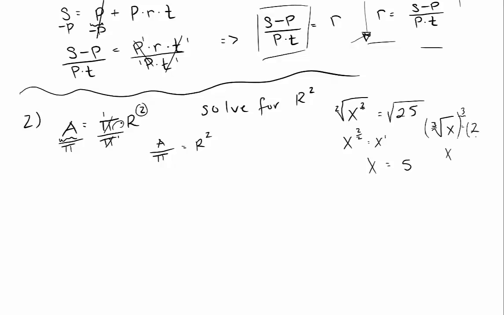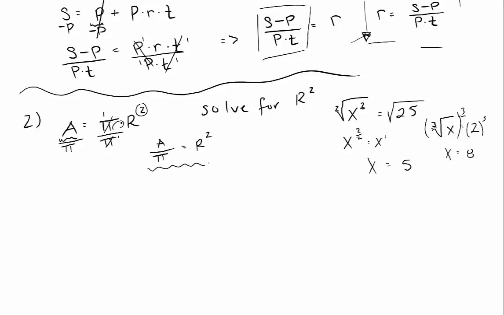Then whatever I do to one side I'd have to do to the other side, and we went over this in the exponents video. But now I'd say x is equal to 8, which makes sense because the cube root of 8 is 2, right?